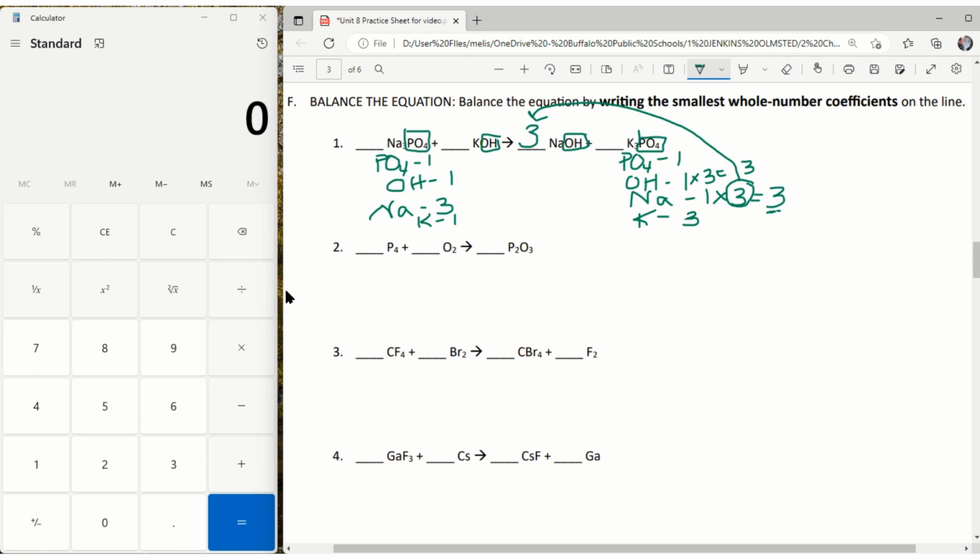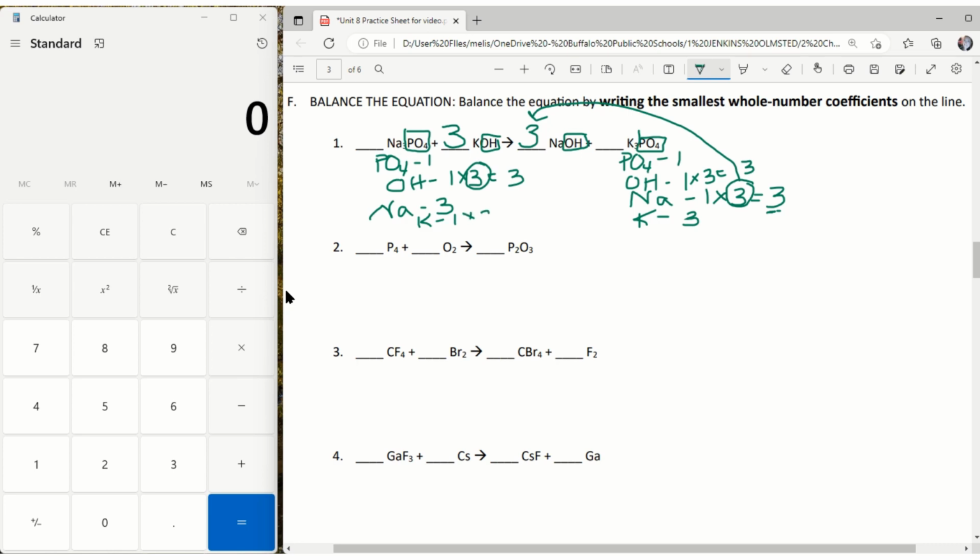So let's go on this side and multiply this OH times 3. When I do that, I put the 3, the coefficient I multiplied by, in front of the compound that has the OH. And when I do that, it didn't only change the OH, it changed this K.